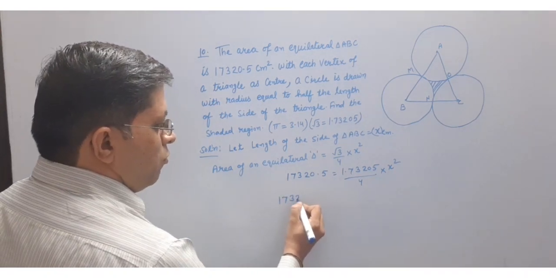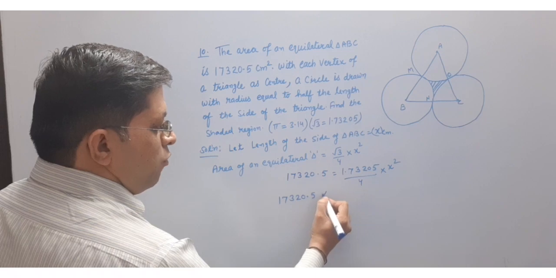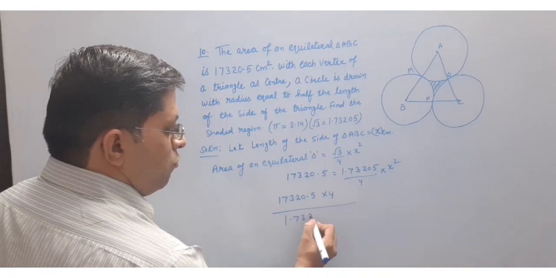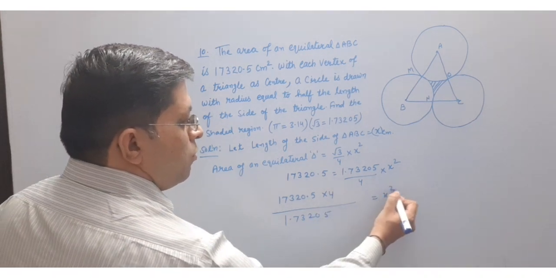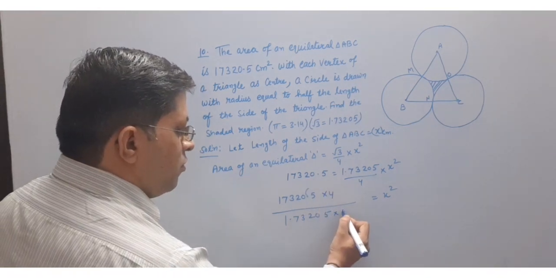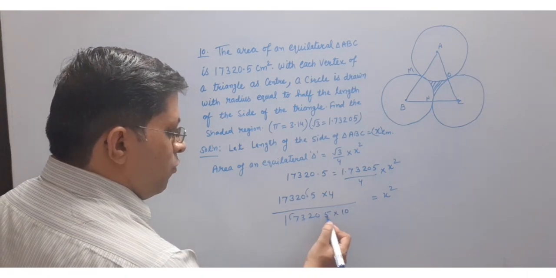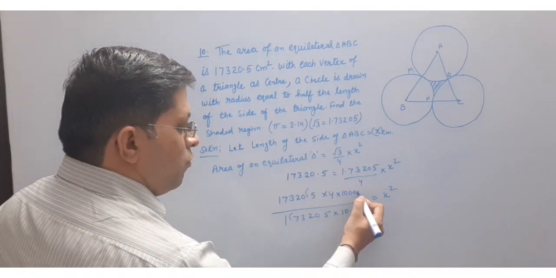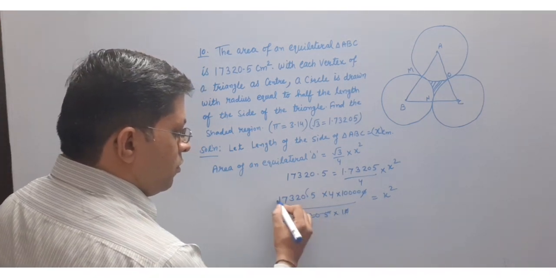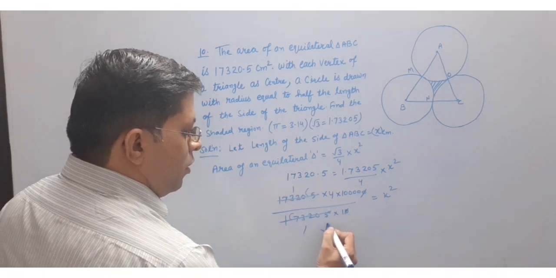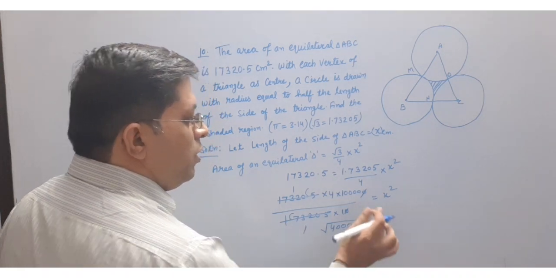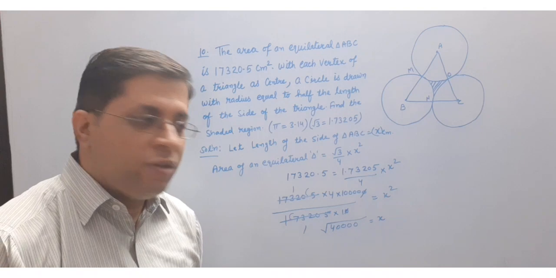Okay, 17320.5, send 4 up, and then this is down 1.73205, that is equal to x square. Okay, remove this. This is 10, so we get 10 2 1 0. So what will come? This will cut, under root, that is x only, because I am taking square root of this.